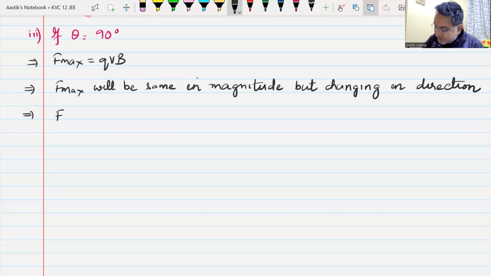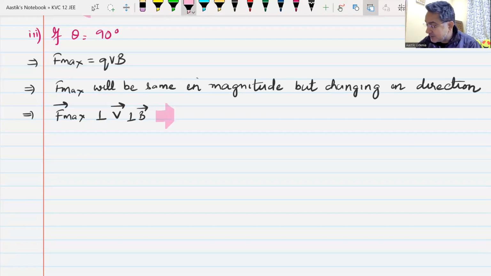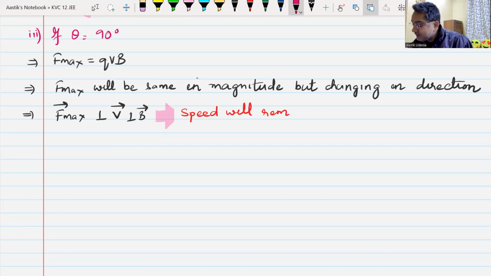Remember this F max will be perpendicular to the velocity of the particle, as well as perpendicular to the magnetic field. That implies that the speed of the particle will remain constant. Do we understand this?